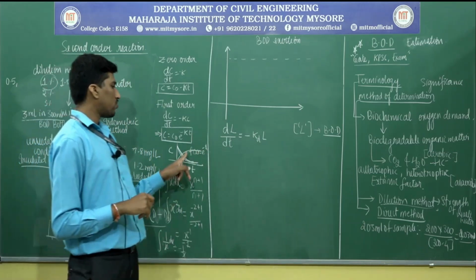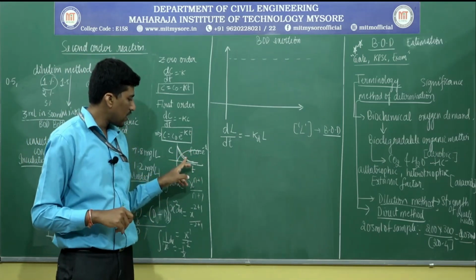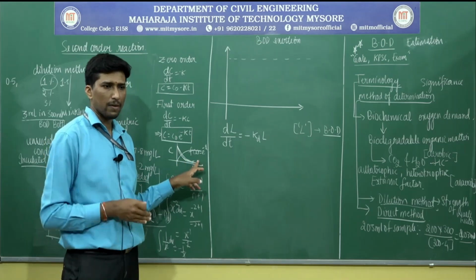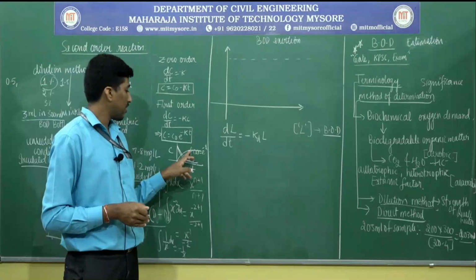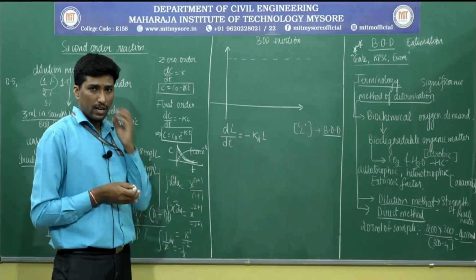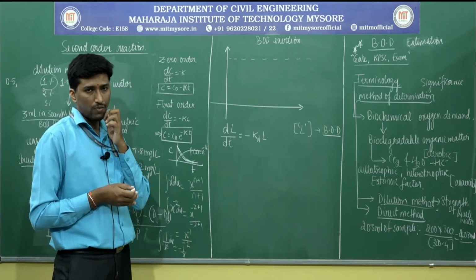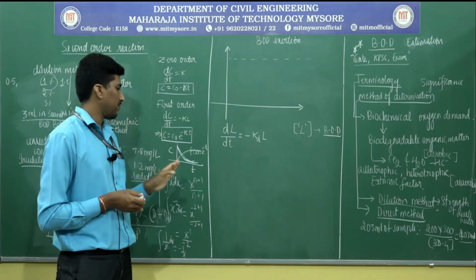That means what is the oxygen required, BOD, how much time remains for conversion of an organic matter, and how much oxygen is being exerted, with respect to either distance or time? How does the concentration vary?